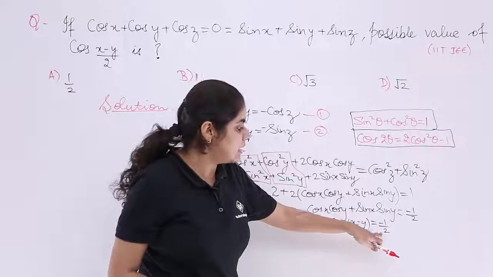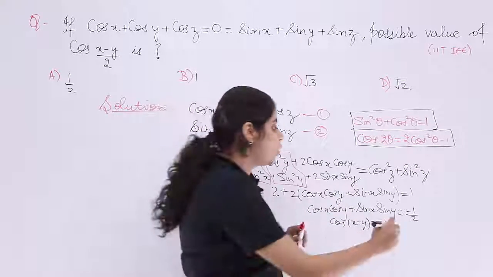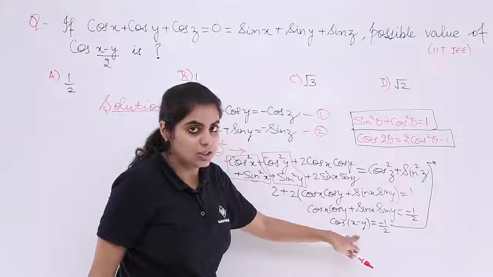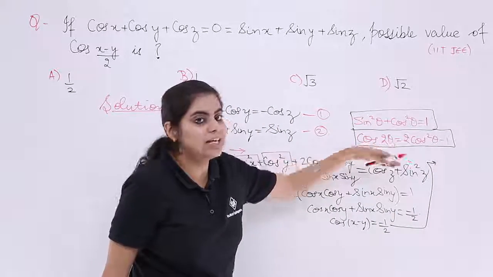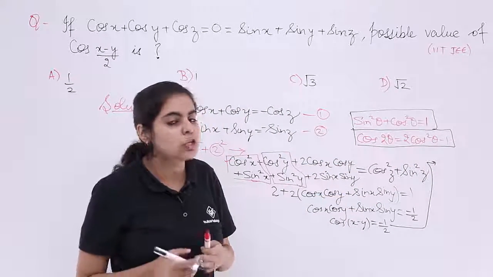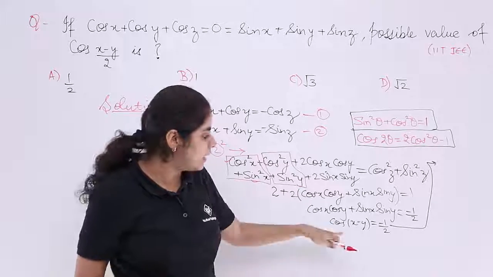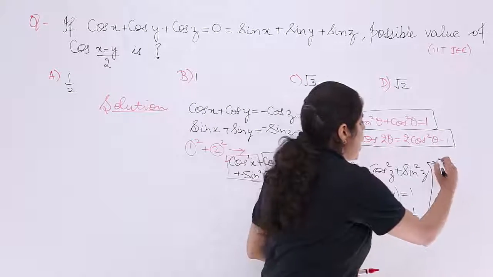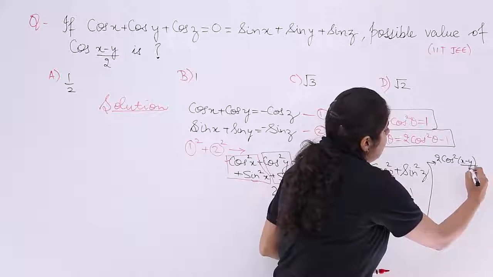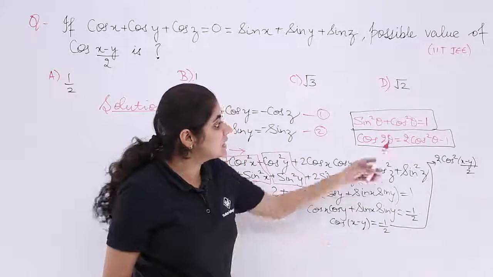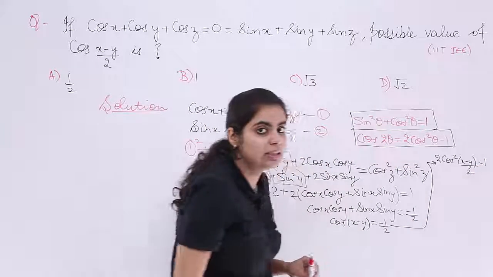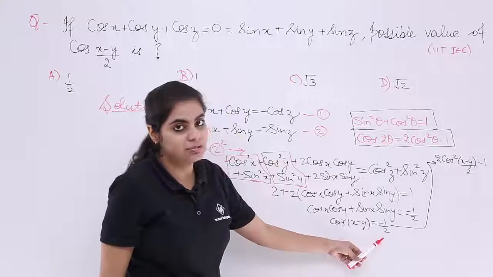Cos(x minus y) is equal to minus 1 by 2. So, it becomes what? Let us write it down here. If 2 theta is replaced by theta, then theta will be replaced by theta by 2. So it is 2 cos square((x minus y) upon 2) minus 1, which is equal to minus 1 by 2.